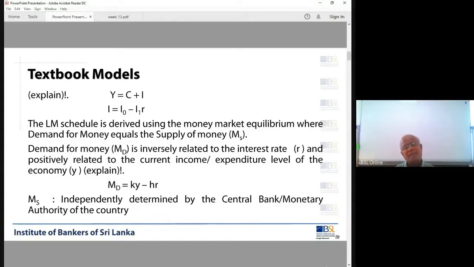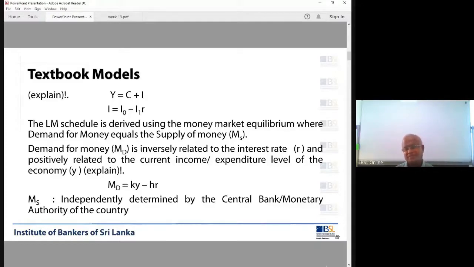The money supply. To discuss the equilibrium in the money market, to discuss the LM curve, we need both sides, the demand curve and the supply curve: demand for money and supply of money. Supply of money is a baby of the monetary authority of that country, the central bank.